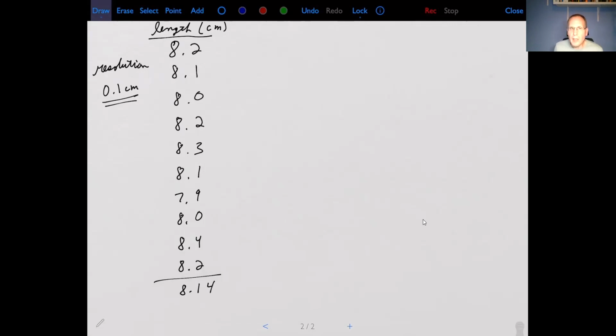When we average, we need to round it to the resolution of the instrument, which is one decimal place. So I'm going to round this to 8.1. So that's my average length, 8.1 centimeters. Next, I need to form a new column, and this new column is what we're going to call the absolute deviations.